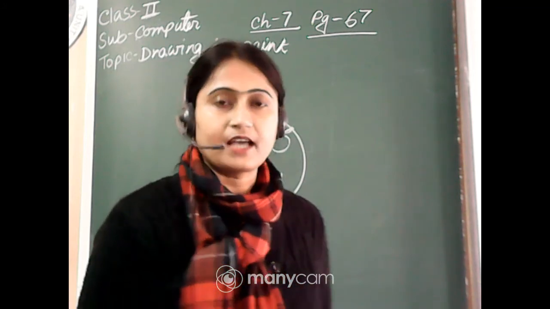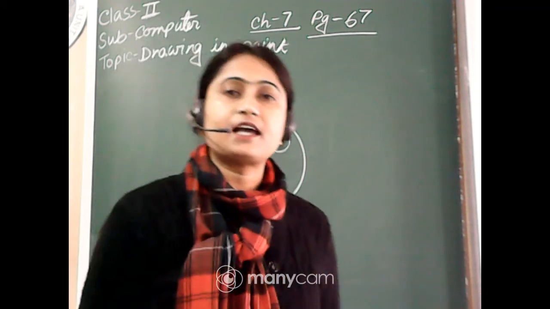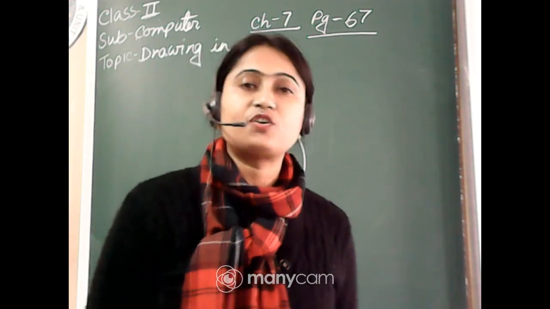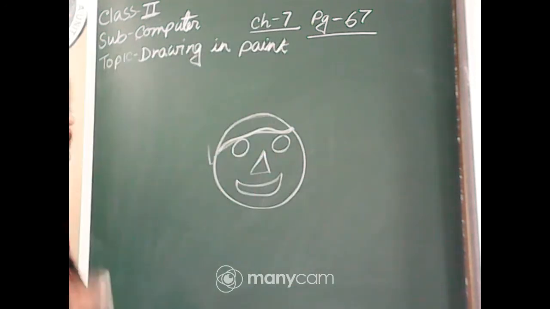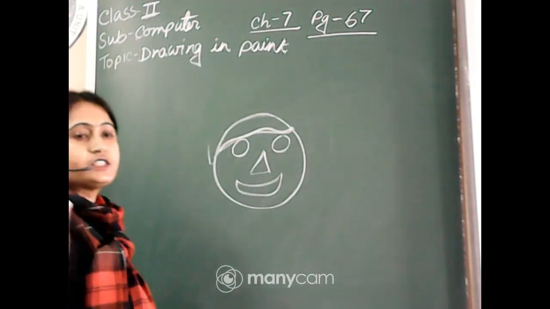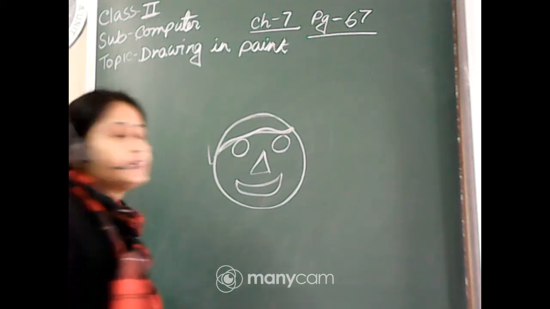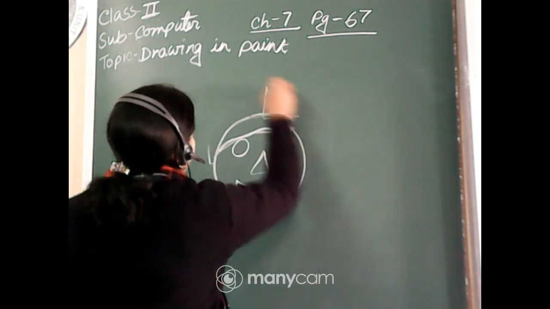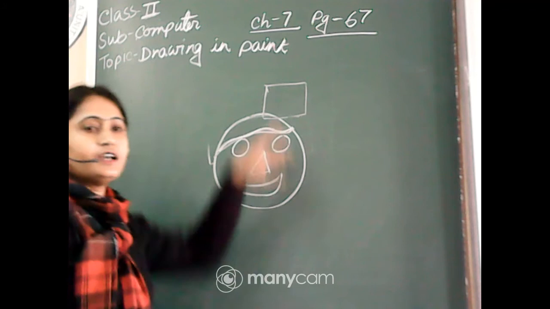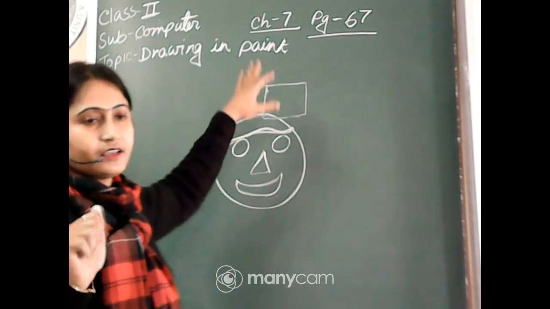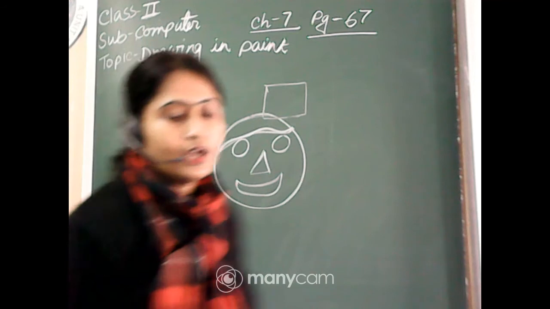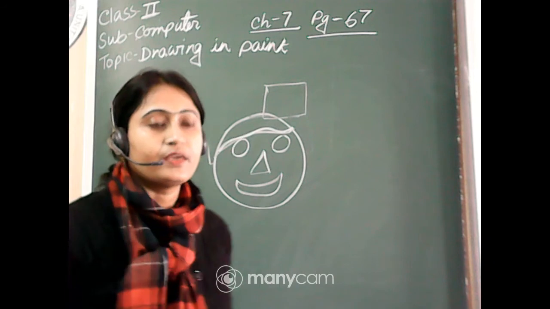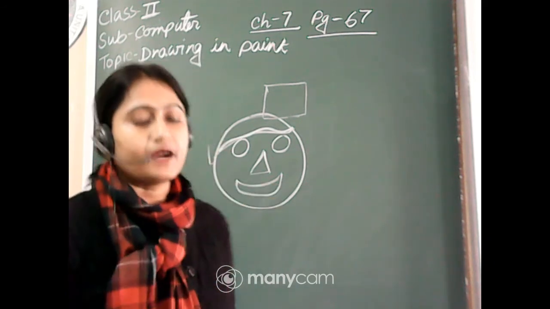When we choose the eraser tool and the size from the Size button, we can see a square shape appear in the drawing area. This is the eraser. Using this we can erase the unwanted part of the drawing.